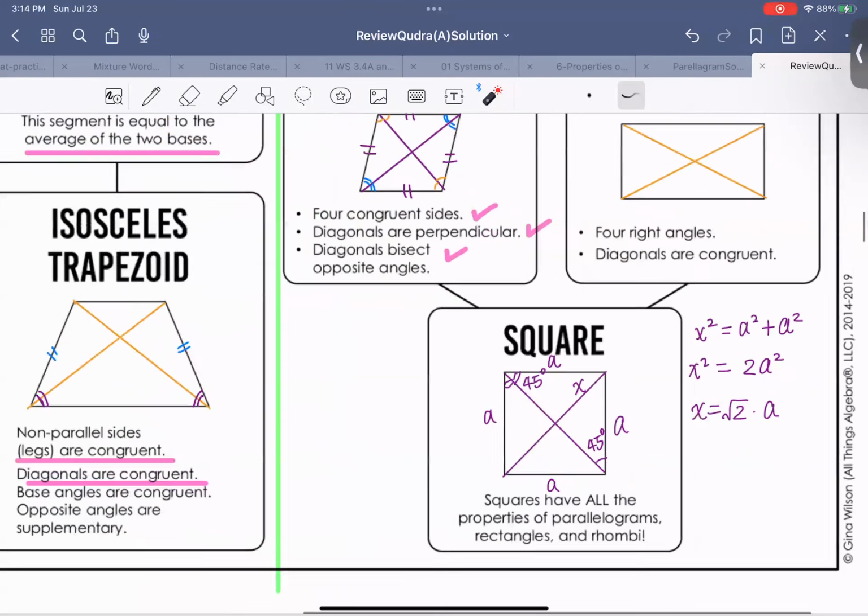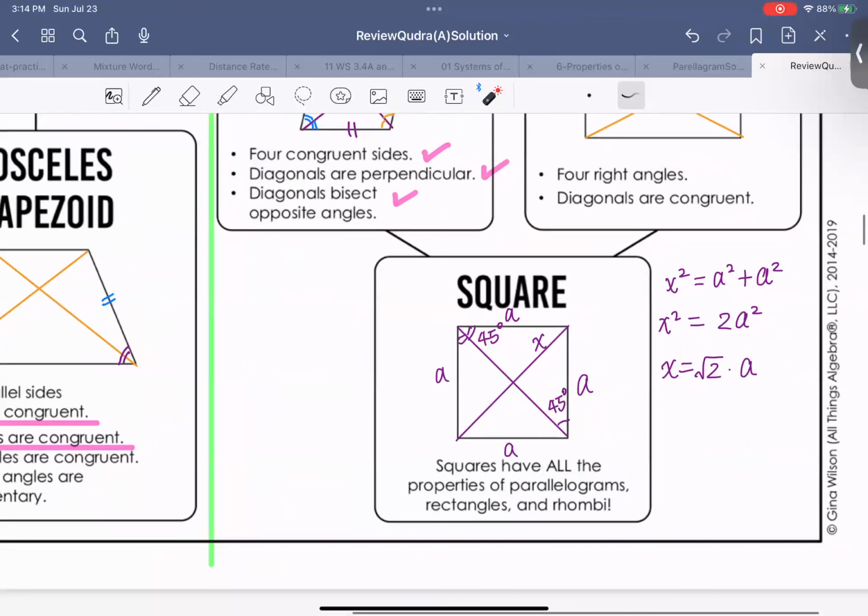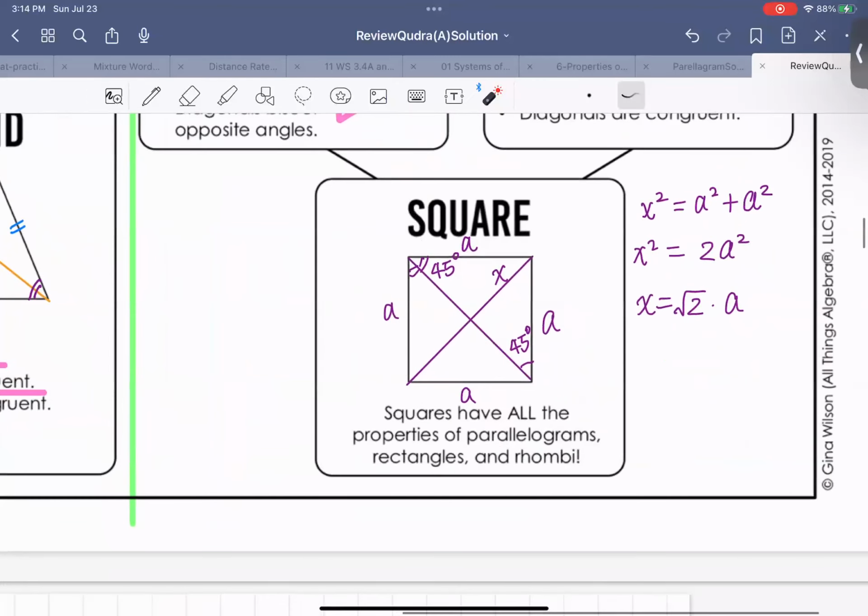As a square, it is both a rhombus and a rectangle. So when you see the square here, I want you to list all those properties that a square could have. Go ahead, please.